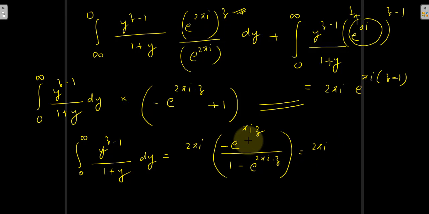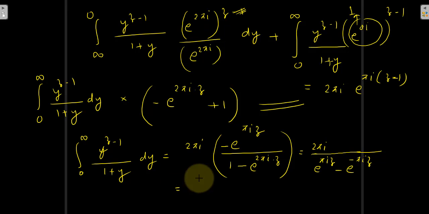What you do now, you take this minus sign and divide by e to the pi i z in both numerator and denominator. What you will get? This will become a plus sign, so you have divided by e to the pi i z, so what remains? e to the power pi i z minus e to the power minus pi i z, right?